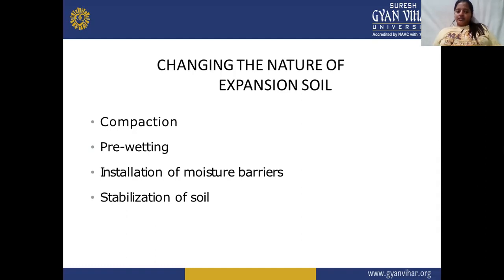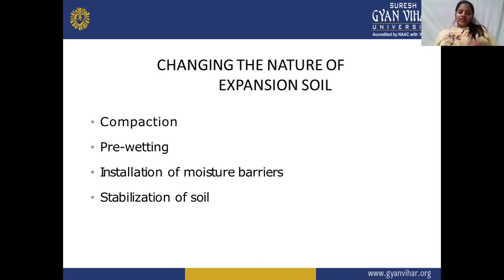So pre-wetting can be used so that the water can be captured below the surface of the building. Installation of moisture barriers is another way, wherein a similar amount of water content can be maintained by isolating or insulating that area with moisture barriers.